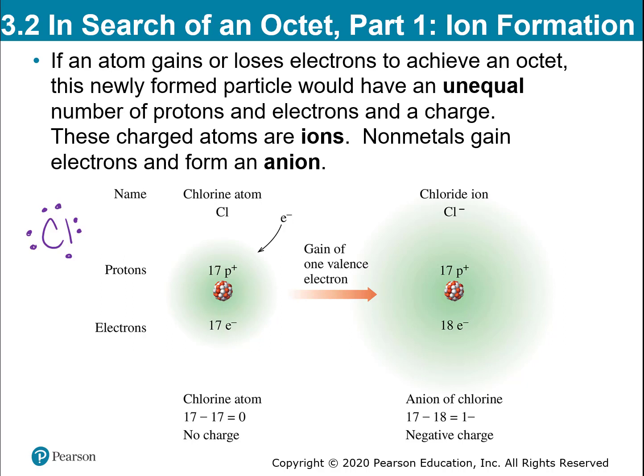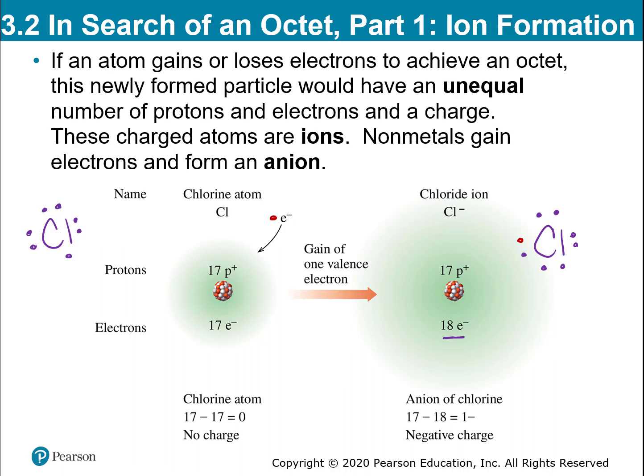And in doing so, look at what it does to its number of electrons. Here's an electron, so now chlorine's got this. Do you see now it's got 8 electrons around it? Its outer energy level is stable.